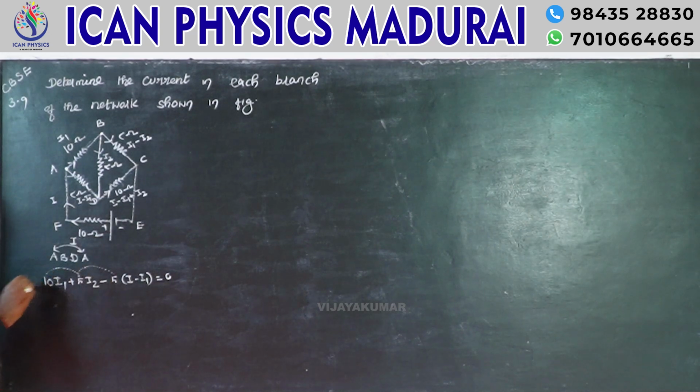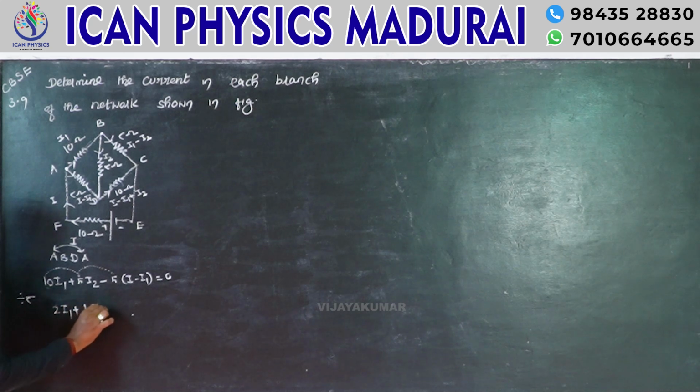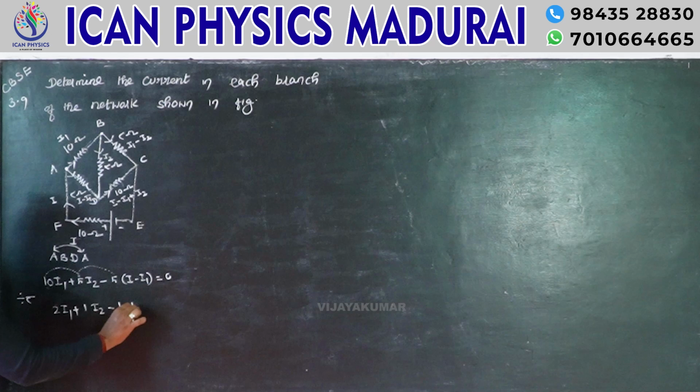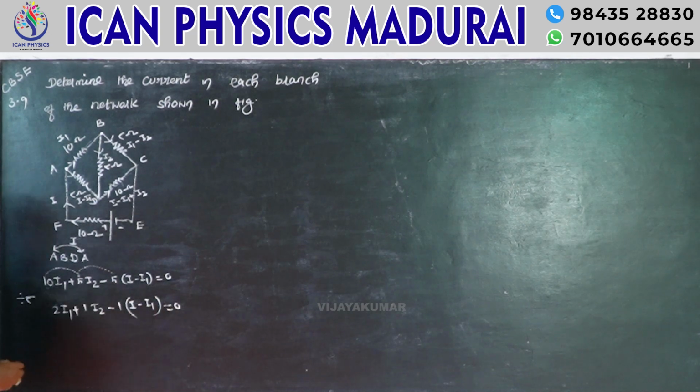Now, all the terms are multiples of 5. So, it is divided by 5. Okay. So, 2 5s are 10. 1 5 is 5. 1 5 is 5. Okay. Now, we can modify.